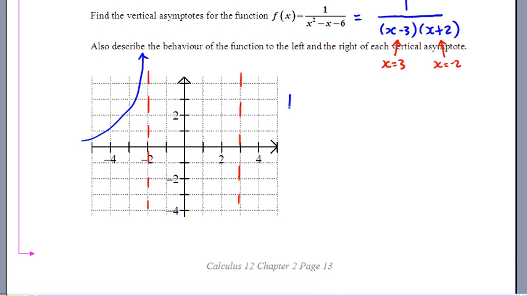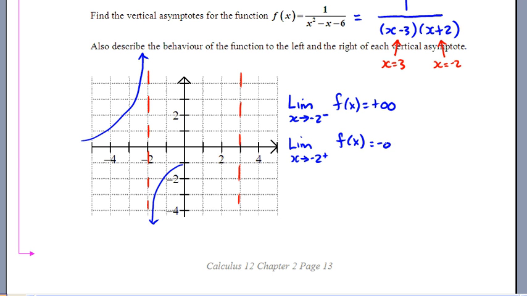The limit of this graph as x approaches -2, but from the low side, the limit of that y value seems to be plus infinity. And then as you check the next section, it actually dives down here like that. So you could say, let me tell you about that. The limit of the y values, as x approaches that same -2, but when you come in from the high side, it actually dives down to minus infinity.